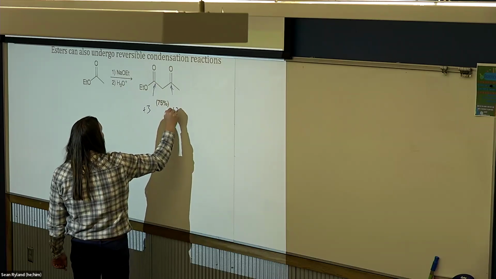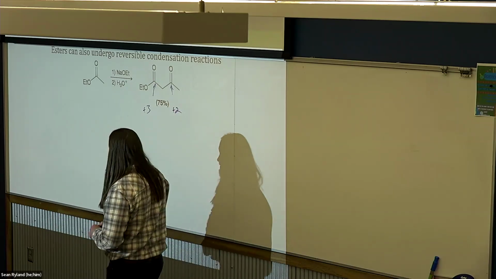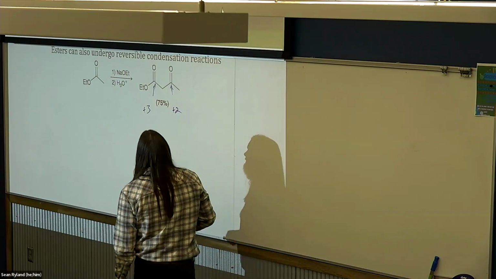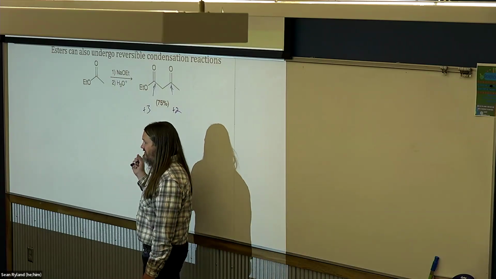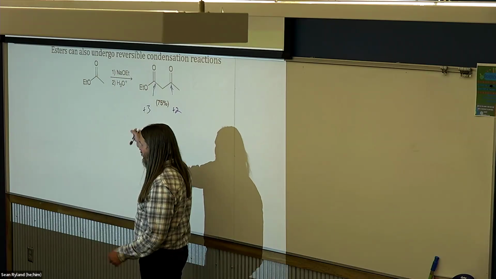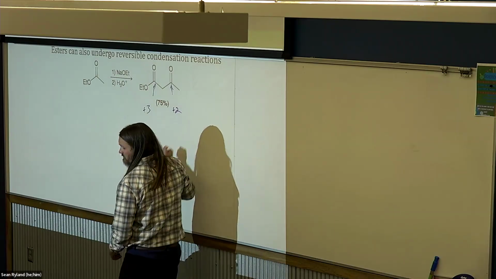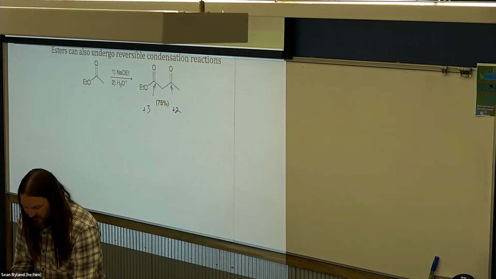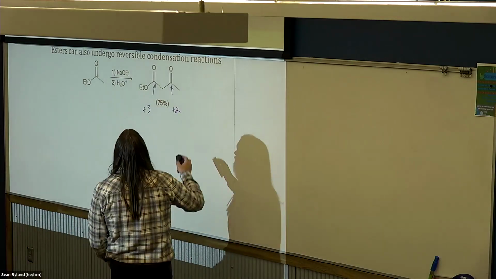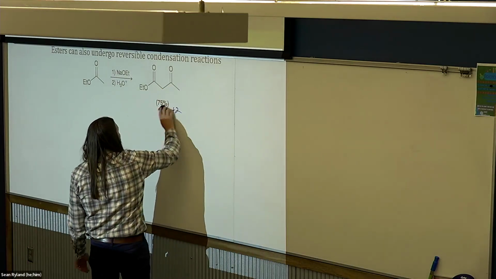No, it is +2. So it doesn't look as obvious as the other one, where we very clearly had an alcohol and a carbonyl at the end. But they work the same way.